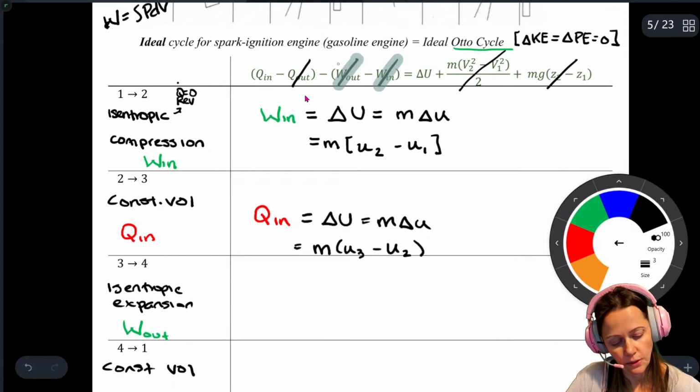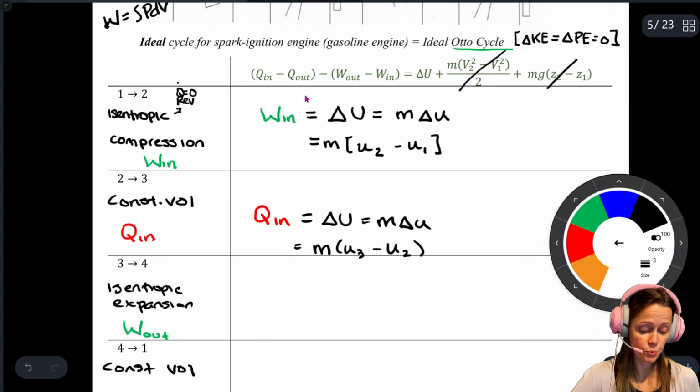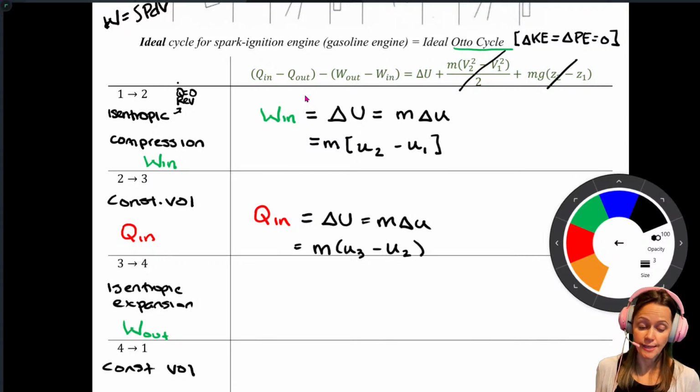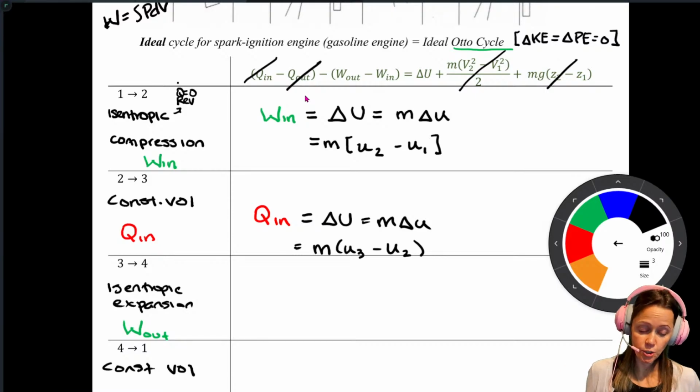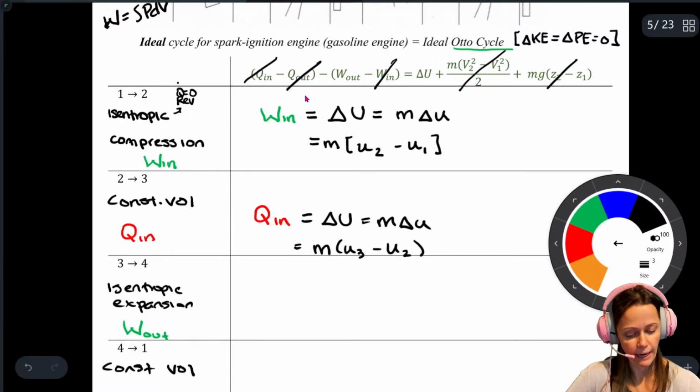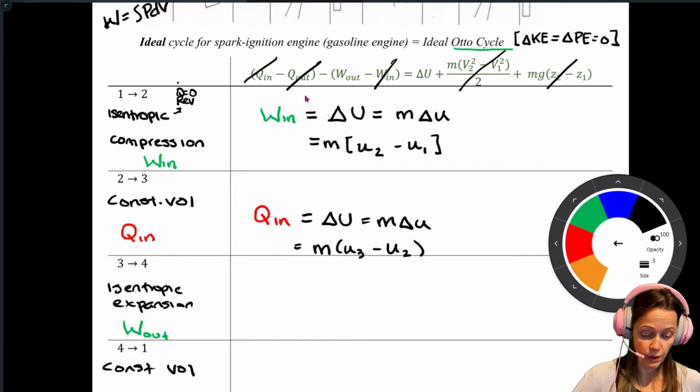Okay, let's go through it again. So from 3 to 4, isentropic, which means it's adiabatic and reversible, so there's no heat transfer, and it's an expansion process. It's not a work input, it's a work output process. So what you'll notice is that you've got this negative in front of the work out.